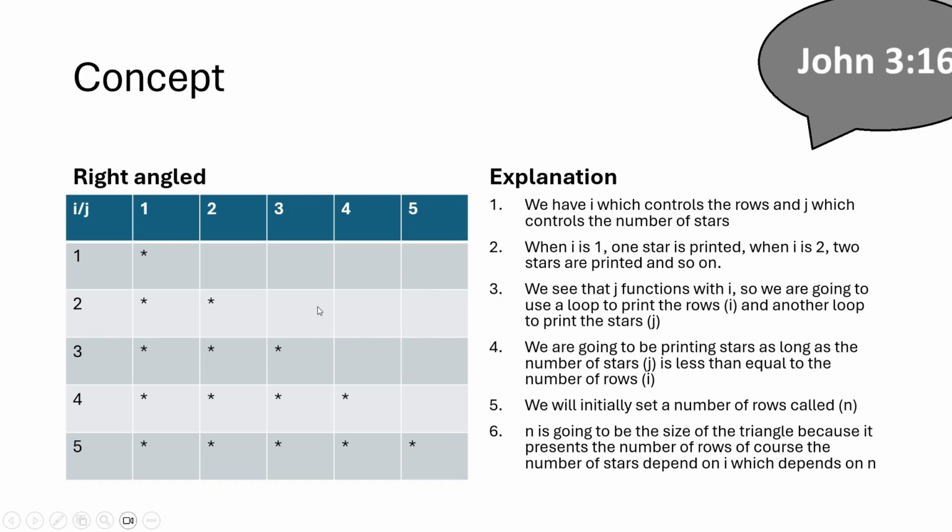For us to do this, we are going to set an initial size for the triangle, which is n. n is the size of the triangle because it represents the number of rows. Of course, the number of stars depends on i, which also depends on n.